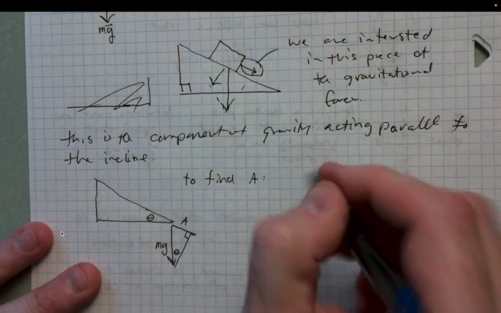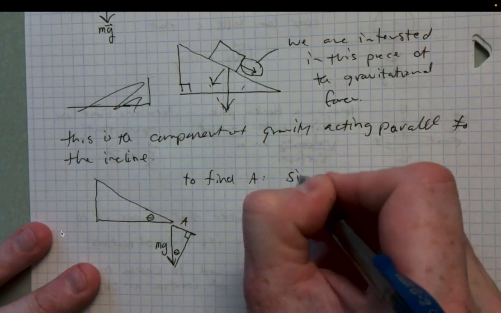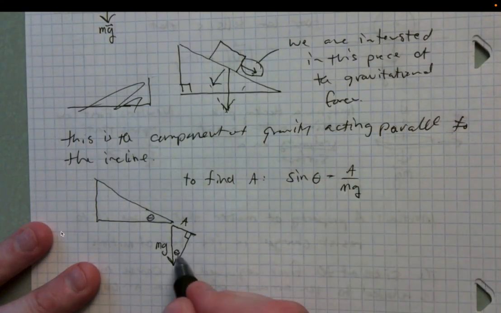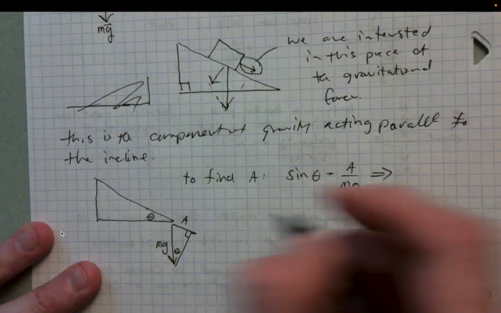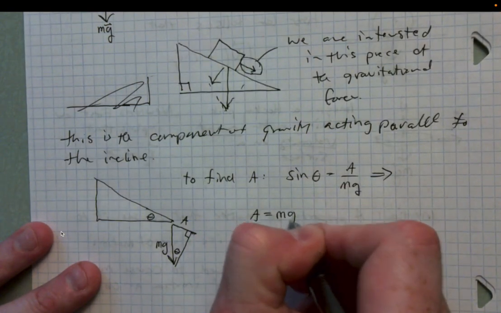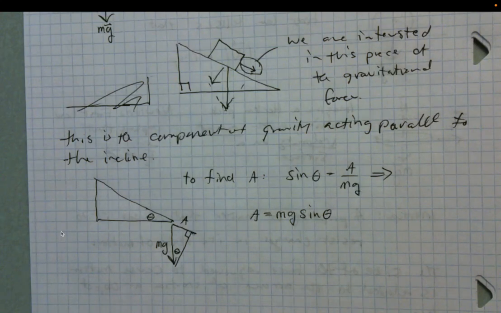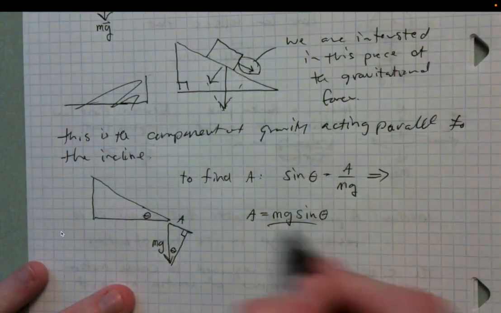To find A, we need to recognize that the sine of theta is equal to A over mg, the opposite over the hypotenuse. That means A is equal to mg sine theta.